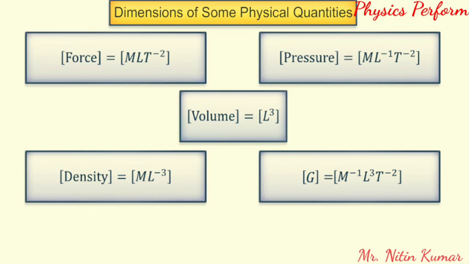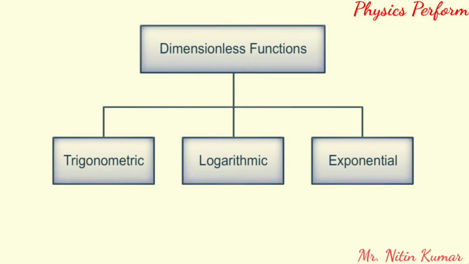For example, the arguments of some dimensionless functions, such as trigonometric, logarithmic, and exponential functions, cannot be obtained using dimensional analysis. The ratio of similar quantities results in a pure number, which is again dimensionless.